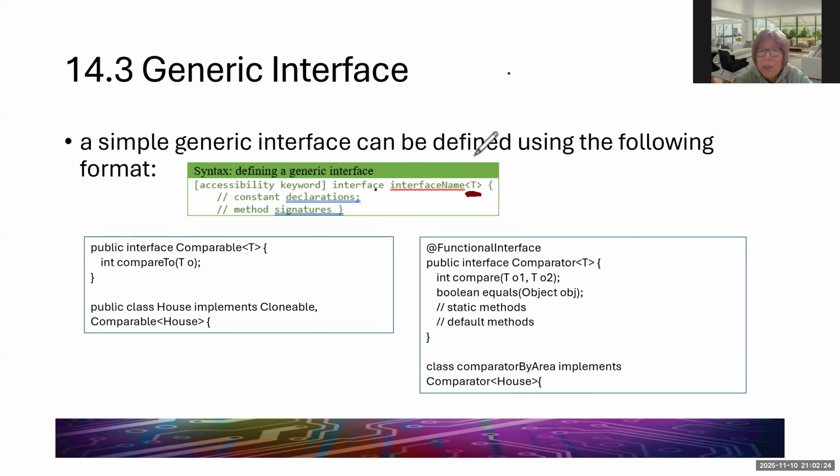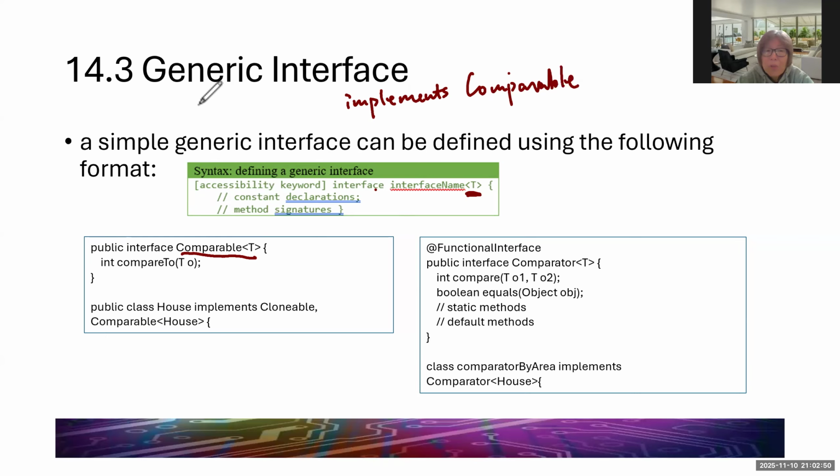You provide a name for the type parameter, and over here we use T. And if you recall previously when we learned the Comparable interface, whenever we try to use it, we do implements Comparable.